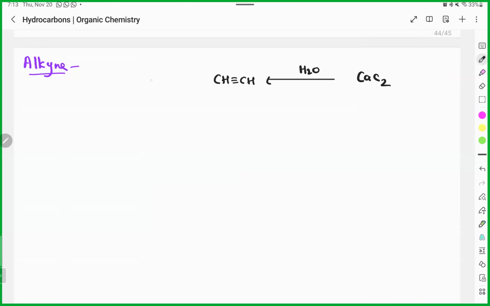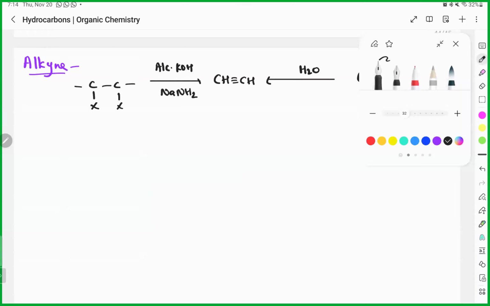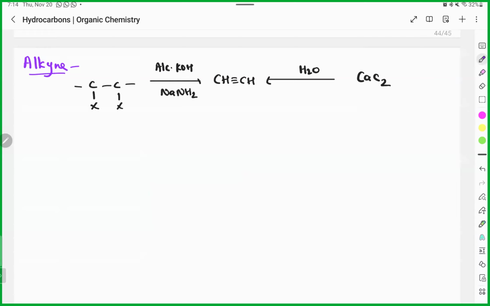And second, I can make it from the two halogen groups CX, CX, vicinal dihalide. I have to use alcoholic KOH and sodamide. Correct. That's all. Done.